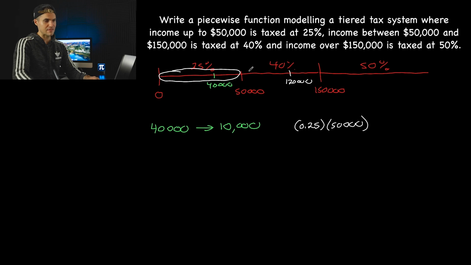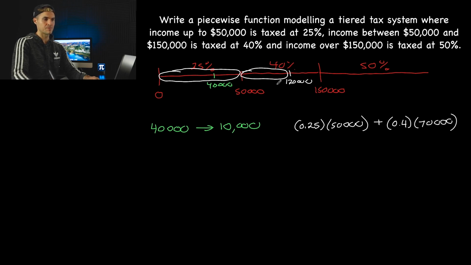And then the excess income from 50,000 to 120,000 is going to get taxed in that new bracket at 40%. So what is that? 70,000 is getting taxed at 40%. So the first 50,000 of the 120 got taxed at 25%, and then the next 70,000, from 50 to 120, the difference between that is 70, that portion gets taxed at 40%, and that's how you calculate the tax here.